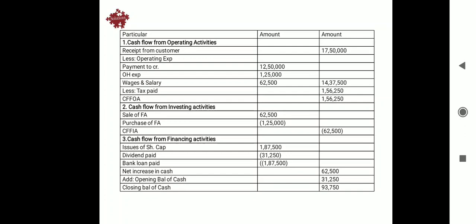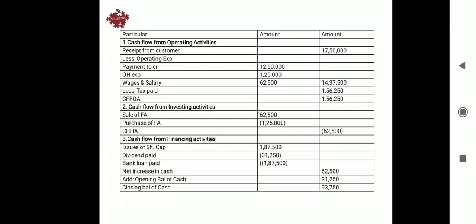Finally, we have to go for the adjustment of the three amounts. 1,56,250 cash flow from operating activities, then 62,500 cash outflow, not inflow, from investing activities, and then again 31,250 cash outflow from financing activities. When you do the plus and minus of these three items, you receive the final net amount.